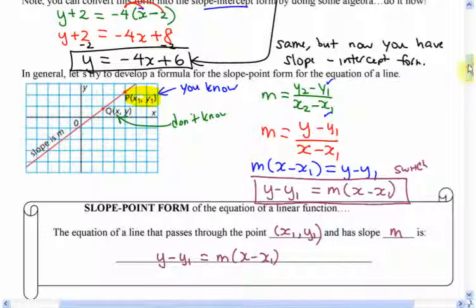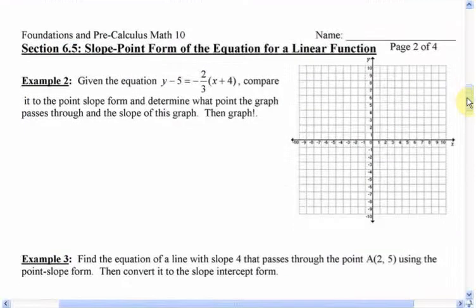Next page. Here's our example number 2. I've given you this equation, and it's in this weird slope point form. I want you to compare it to point slope form and find out what point the graph passes through and tell me the slope of this graph.